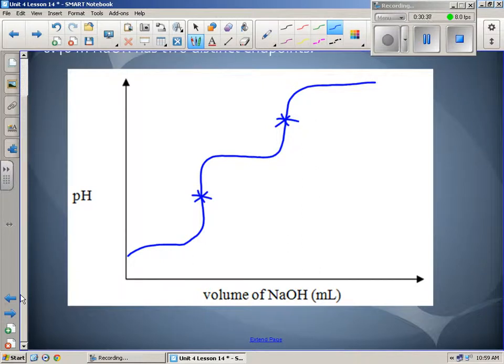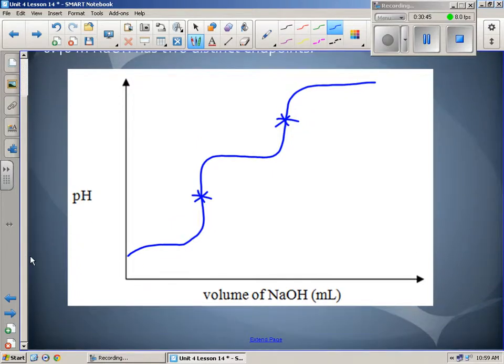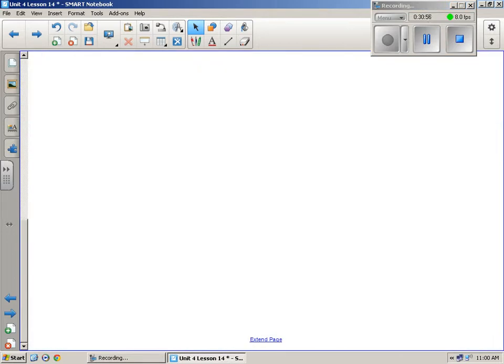So 2 distinct endpoints. I think it tells you that right here. Let's start with the initial pH. Go ahead and do that right now. What's the initial pH going to be? This is review from yesterday. I'm going to start writing out the equation here, guys, but go ahead and keep working.